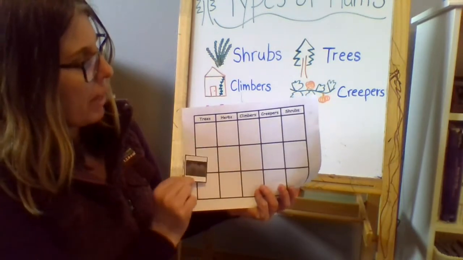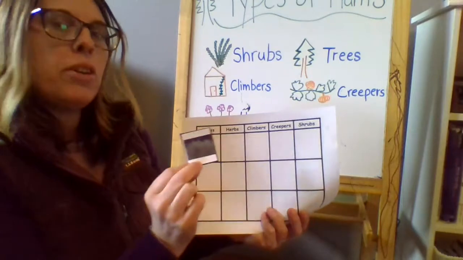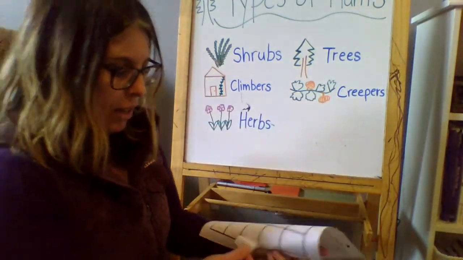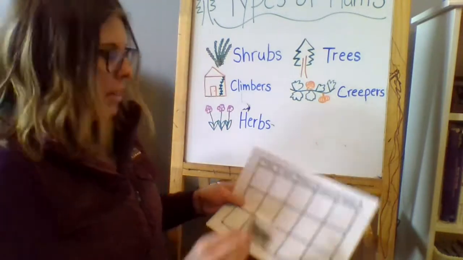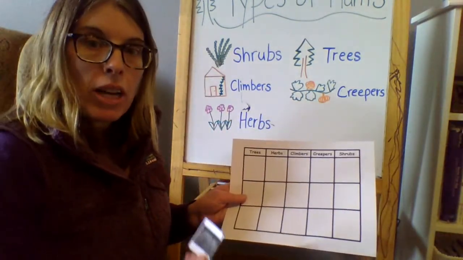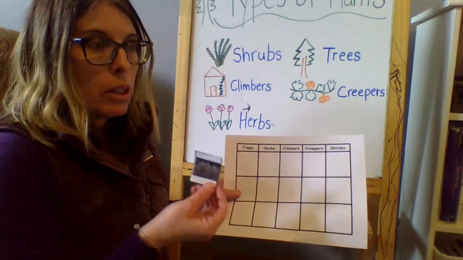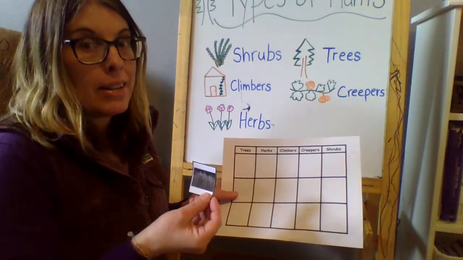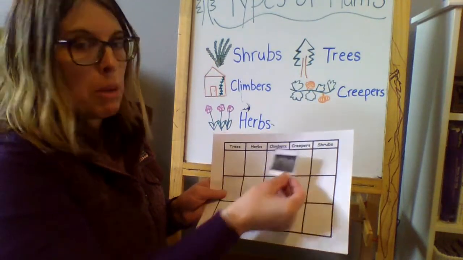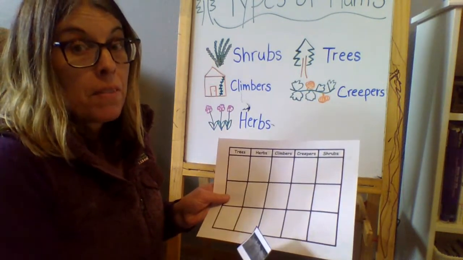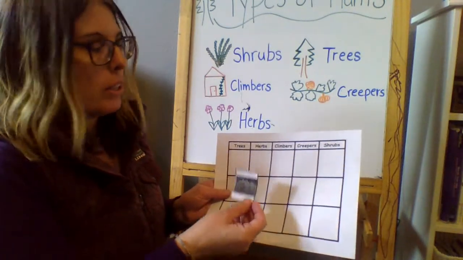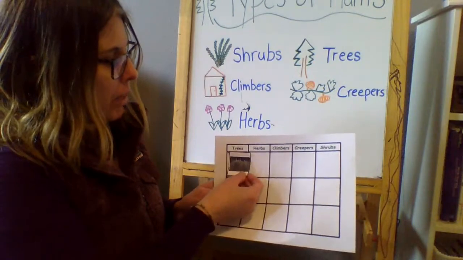And I'll put it in the category where it goes. I'm going to do that with each of the plants. When I'm finished, I'll use a glue stick to glue down my plants. I urge you and suggest that you don't glue anything down until the very end, because sometimes you might think something goes in a particular place, but then find something else that might go there. So you might have to do some rearranging. So gluing should be your last step, okay?